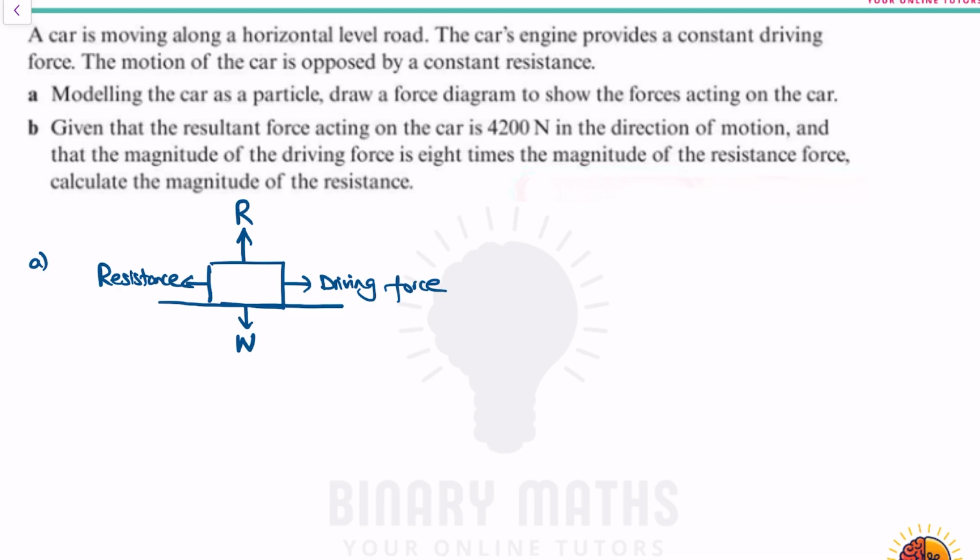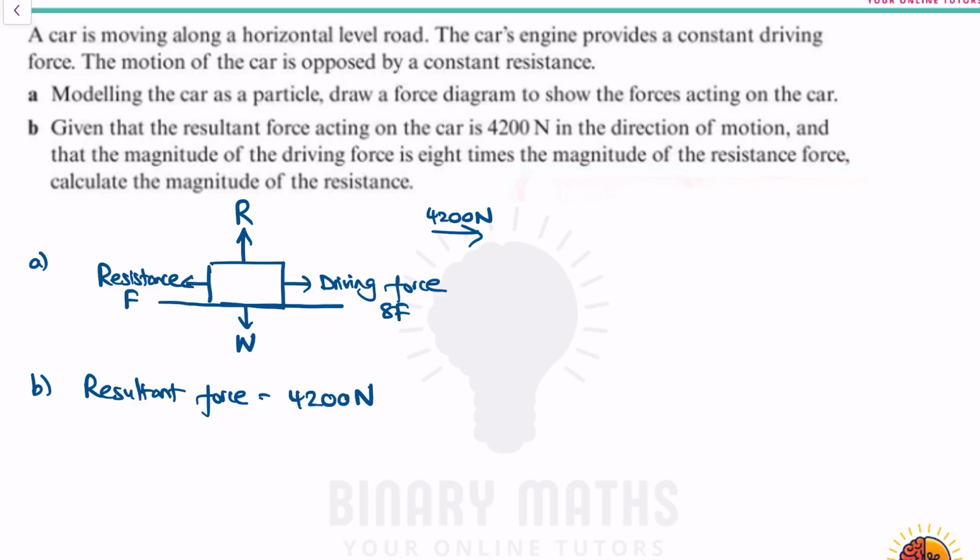Okay, given that the resultant force acting on the car is 4,200 newtons in the direction of the motion, so it's going in this direction by 4,200 newtons. And that the magnitude of the driving force is 8 times the magnitude of the resistance force. So if the resistance force is F, then the driving force is 8F. Calculate the magnitude of the resistance.